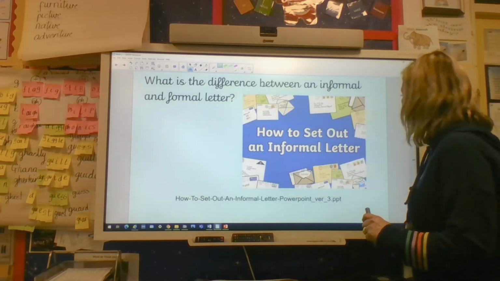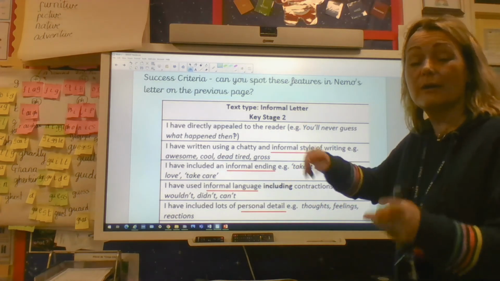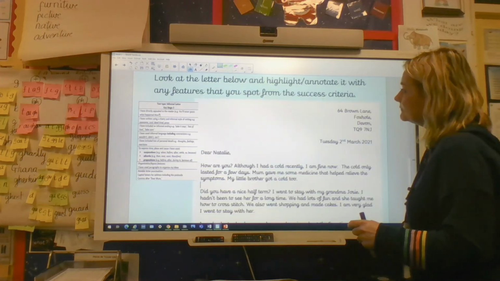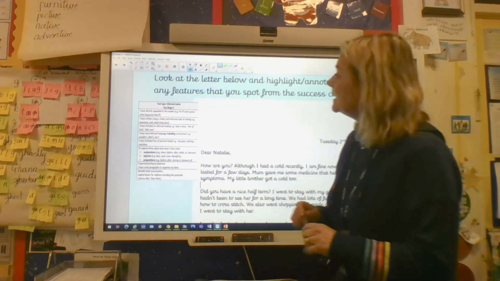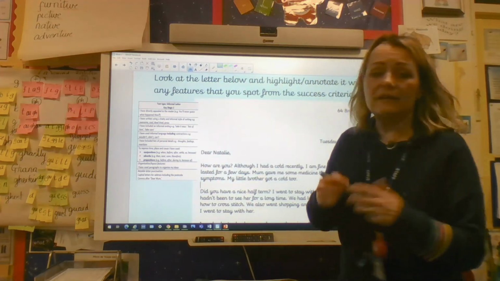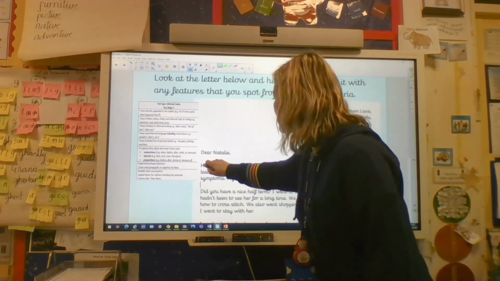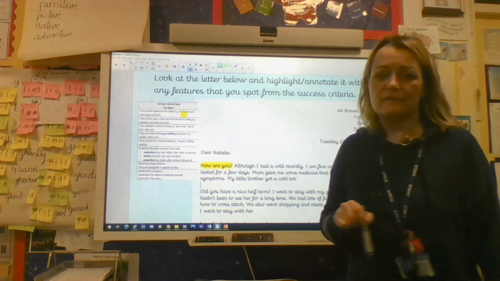So you will need to print this off and have a look, or at least have it somewhere where you can flick forwards and backwards. And then it is on the same page, but it's quite small. But what I want you to do is to literally go through and highlight or annotate the bits that you can see that show some of these features.